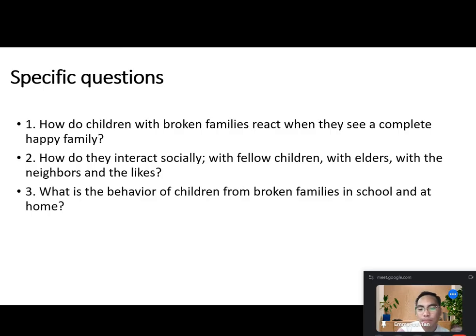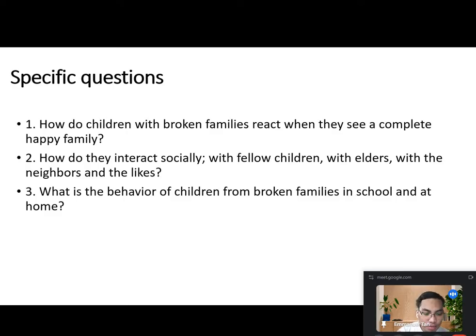So, I mean, your reactions and feelings, and then nag-level up yung interaction naman niya with other people. Okay? Now, medyo mas pinalalim niya. What is the behavior of children from broken families in school and at home? Yung interaction, medyo, lang yan, mababaw lang siya kasi nga, pinag-usapan doon the way he or she converses with the other people. Okay? Yung pakikitungo lang niya.